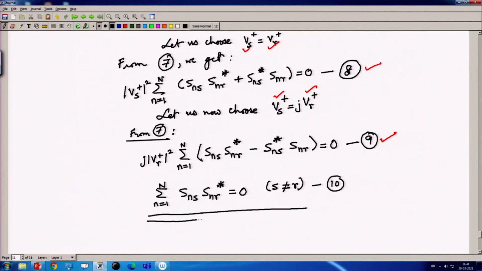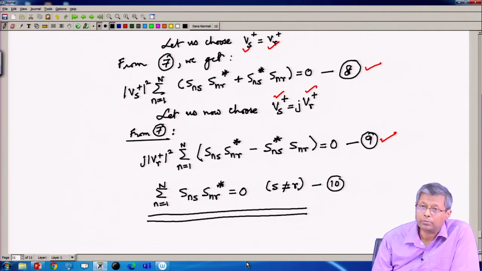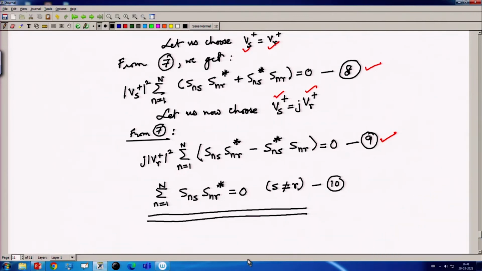So, this constitutes the second condition as to what would happen if I multiply different columns of the scattering matrix. So, it says that the product of a particular column and the complex conjugate of any other different column, if I add those products together, that will be 0.